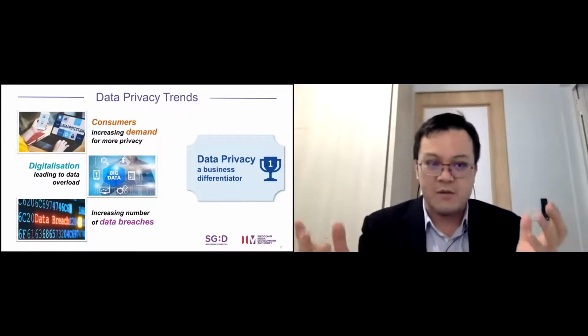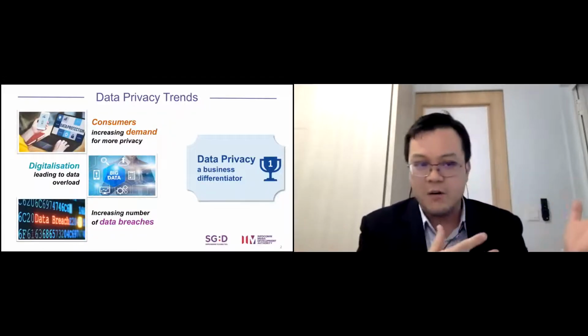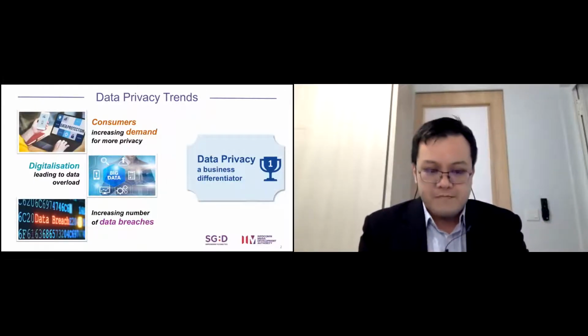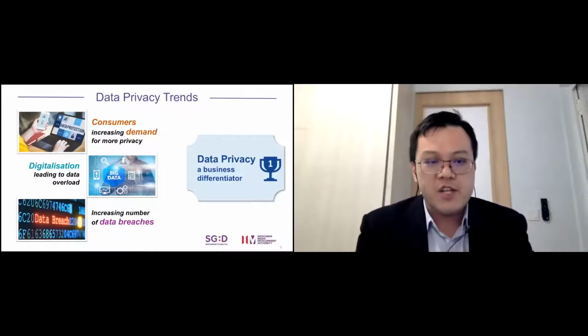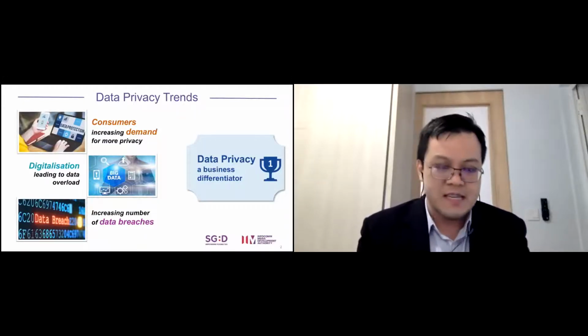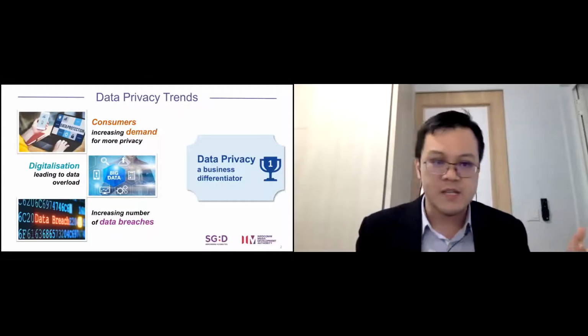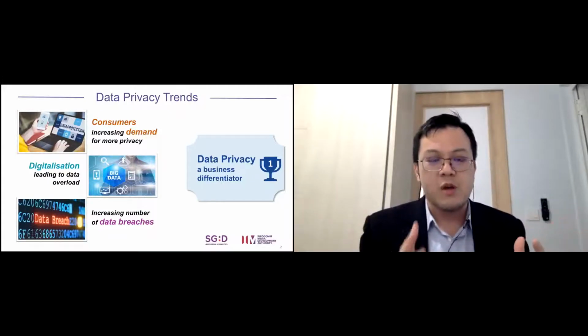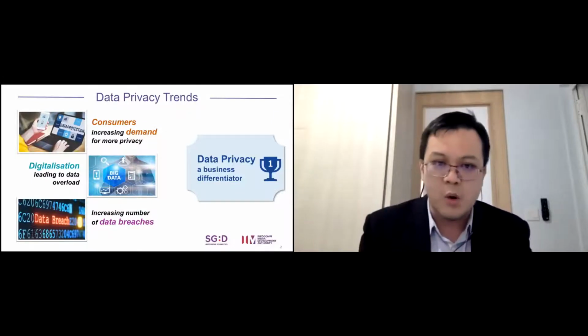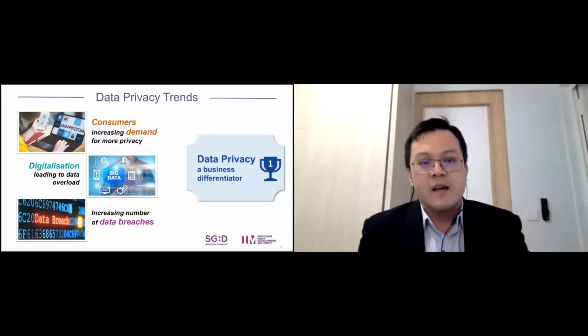Like what Alvin pointed out, when the Singtel breach happened, everybody's talking about it on social media. And the second point, digitalization leading to data overload. The very fact that we're having this briefing by Zoom is a testament to how far we've progressed from a physical meeting to adopting digital tools, to move forward, especially in this whole COVID situation.